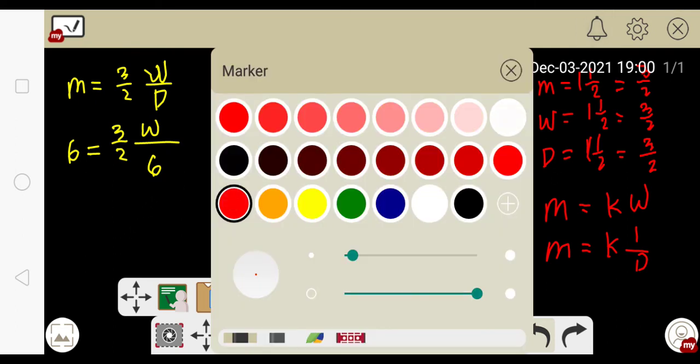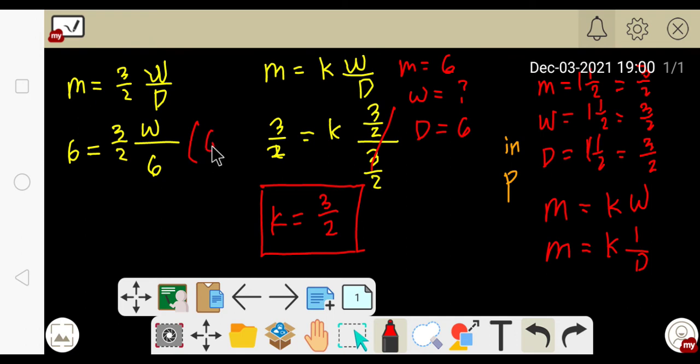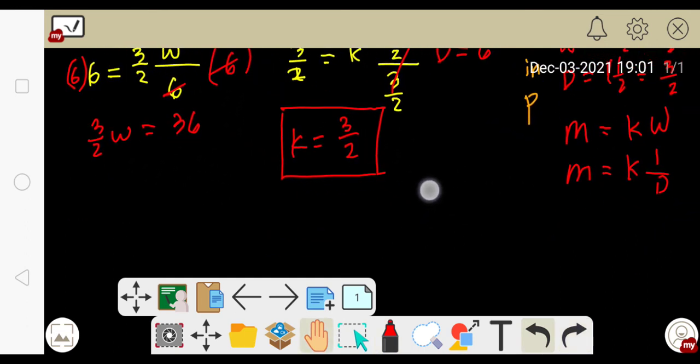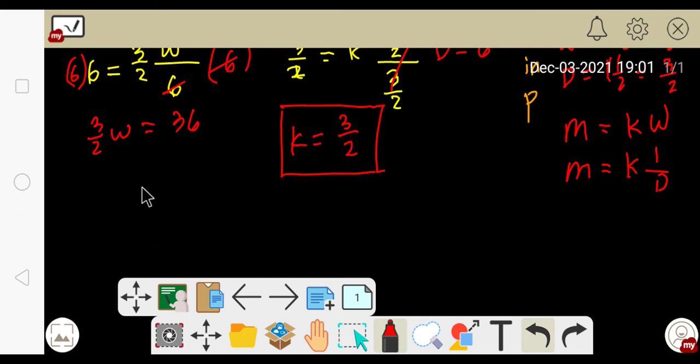What I have to do is just multiply both sides by 6. Cancel this out. So we got 3 halves W is equal to 36. Now, divide both sides by 3 halves.